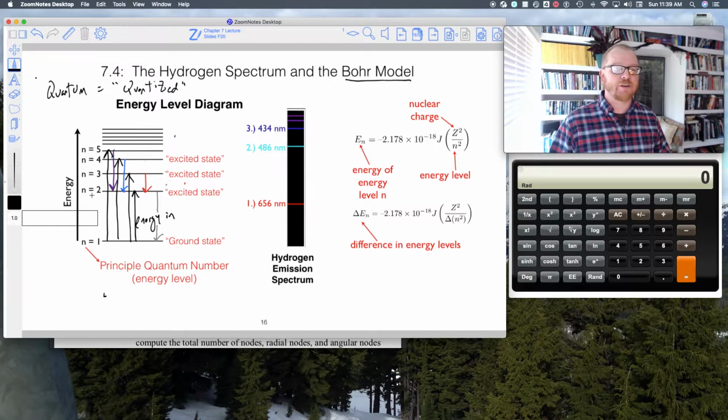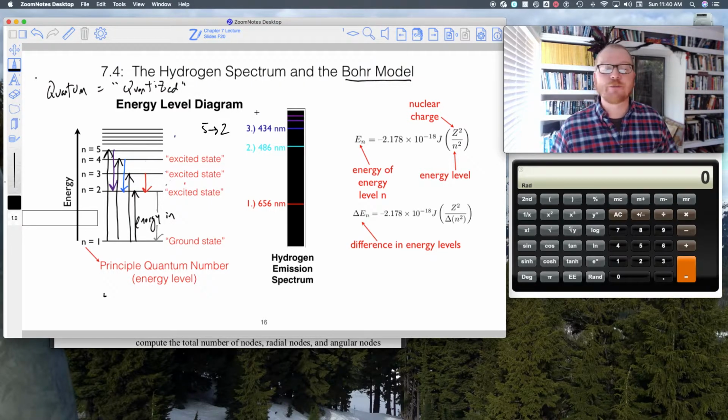That's now energy out. I don't know why I drew a box right there, so we'll have to deal with that. All of those arrows refer to energy out. Hopefully you can see where this is going, because as it turns out, this line here at 434 is related to going from level 5 to level 2.